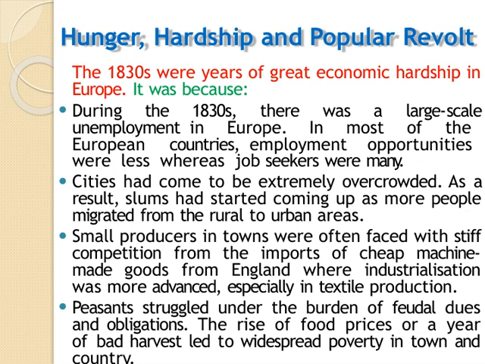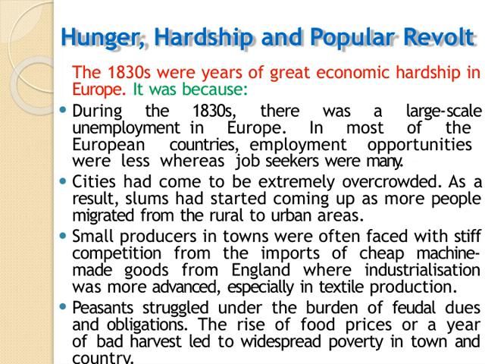At the same time, small producers in towns faced tough competition from imports of cheap machine-made goods from England. Since industrialization was more advanced there, their goods were cheaper and easier to produce, making it hard for local artisans and small businesses to survive. Peasants, too, were struggling under the weight of feudal dues and obligations.